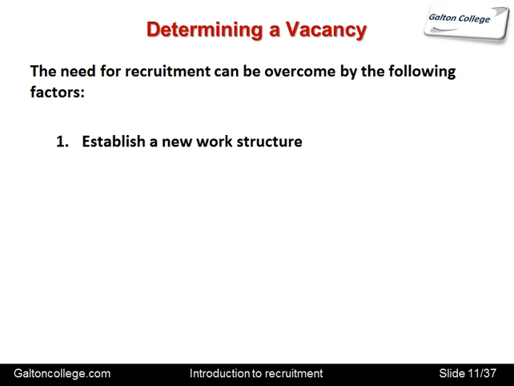Perhaps the existing workforce could be deployed more efficiently, or perhaps more efficient capital could be brought into work in cooperation with the workforce. More specialist machinery and more dedicated machinery to completing certain tasks, better designed around the requirements of the business. That would obviate or reduce the need to fill a vacancy.